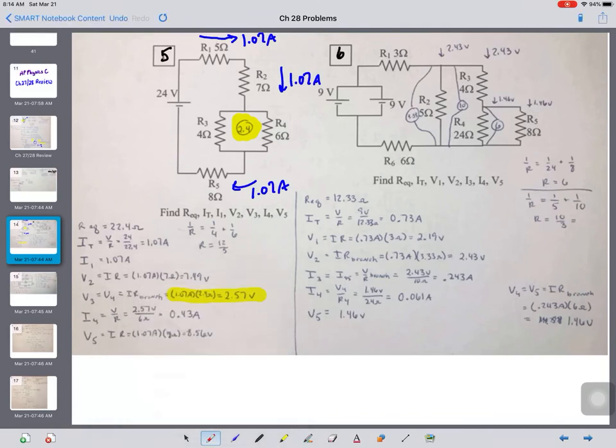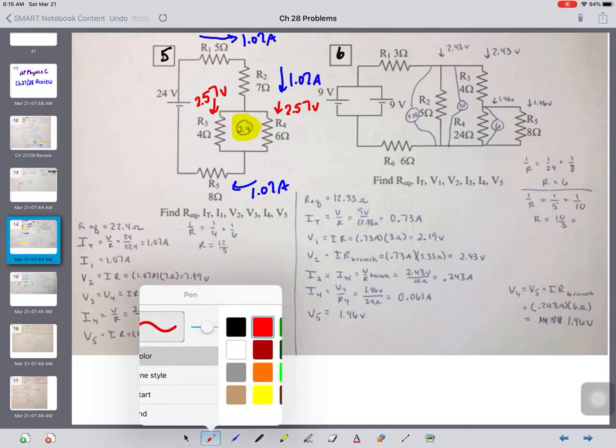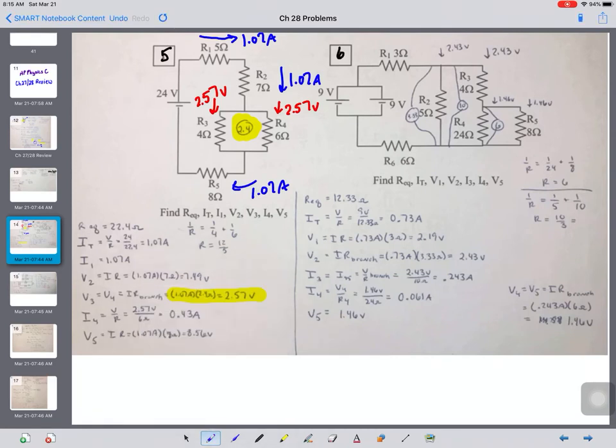And so then that tells us that there are 2.57 volts across that side of the parallel and 2.57 volts across this side of the parallel. So then V equals IR, you can calculate how much current goes along each side of the branch.